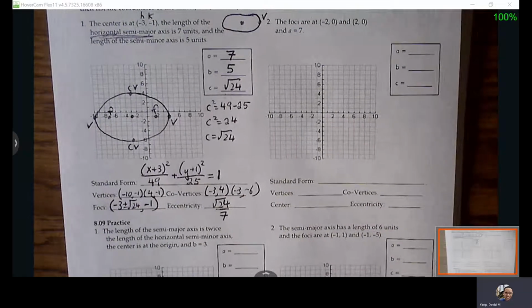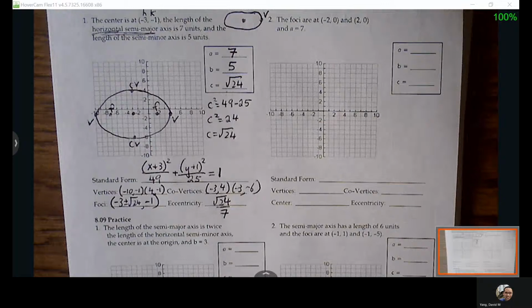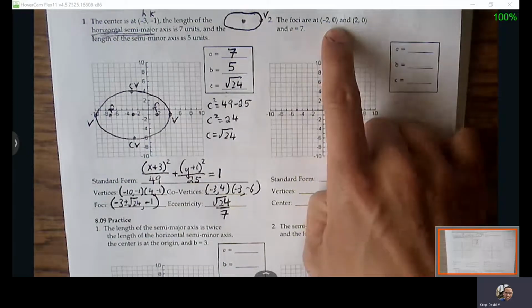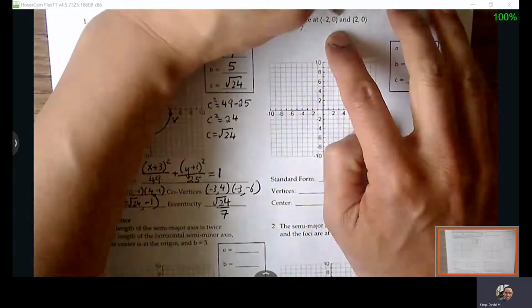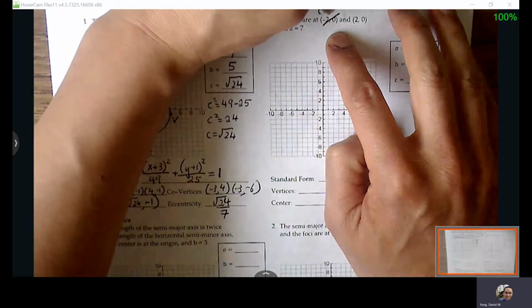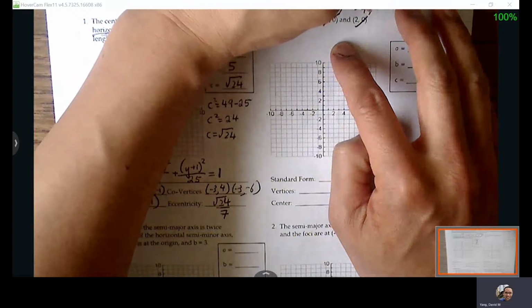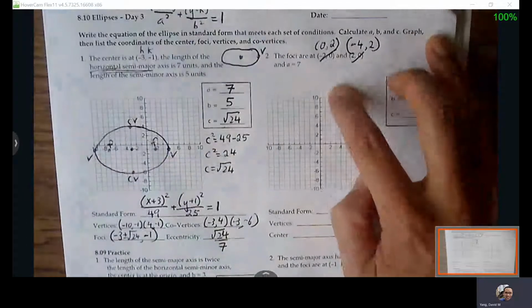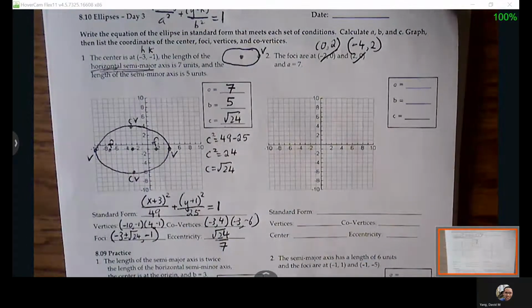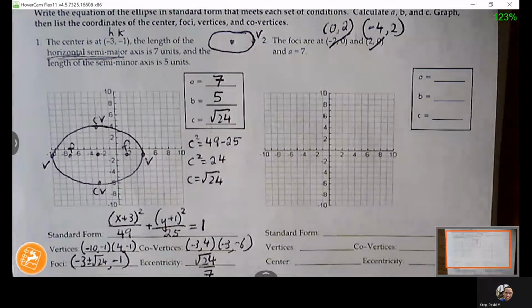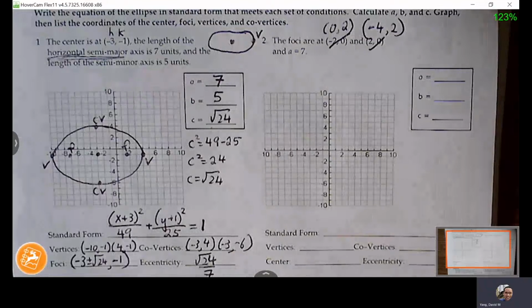Okay, let's finish up with number 2. Oh, sorry, let me change this problem here. This is a little more difficult to work with. You guys can change this to 0, 2, and negative 4, 2. Again, change number 2.